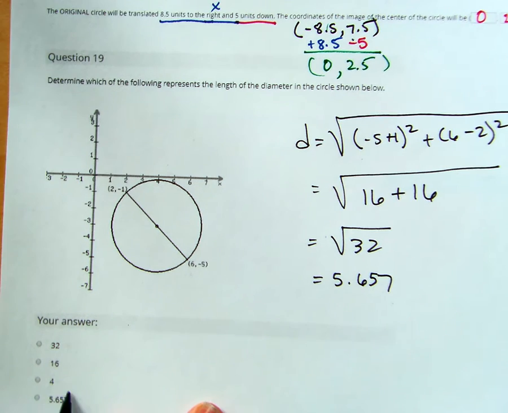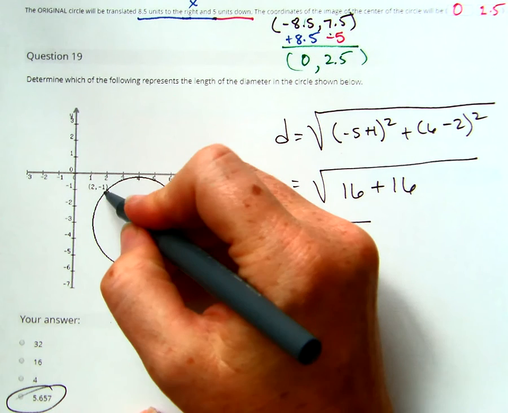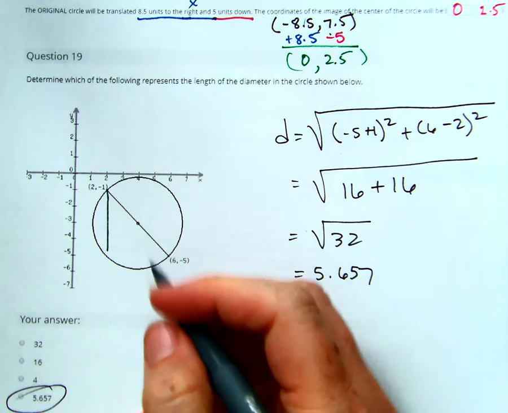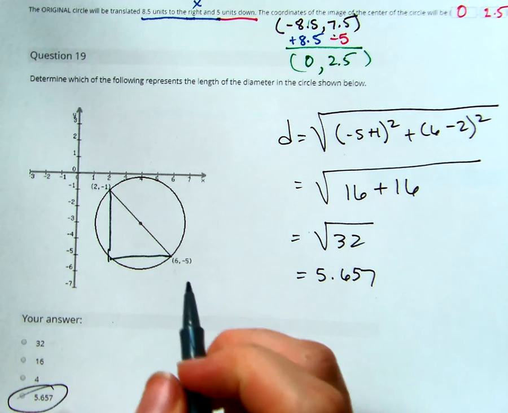5.657 here. Now, if you had forgotten the distance formula, what you could have done was created a right triangle where your hypotenuse is the distance you're looking for. Okay?